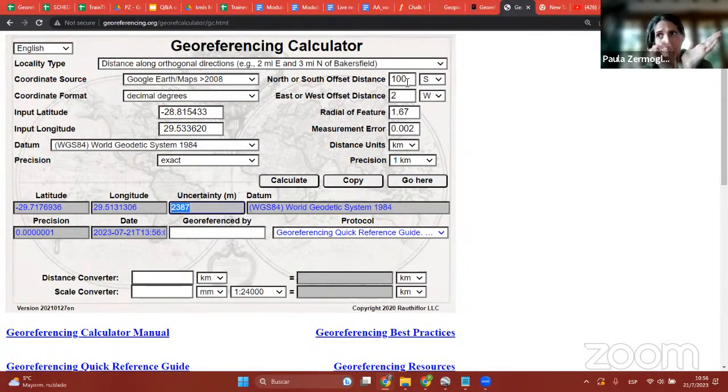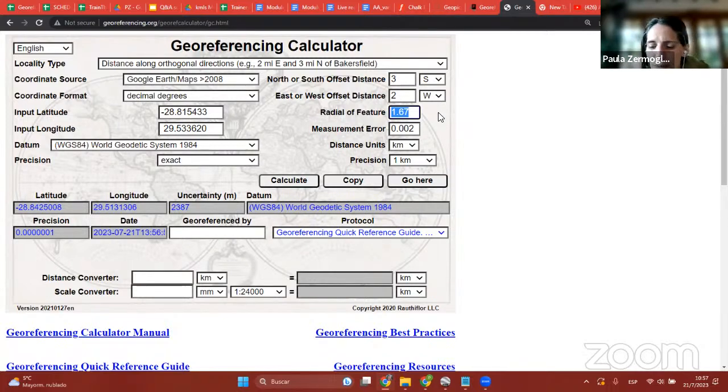So it doesn't matter if we move 1 kilometer, 100 kilometers, or 1,000 kilometers, because that's not going to affect our uncertainty in this case. So what is really contributing most to the uncertainty is the radial of the feature.